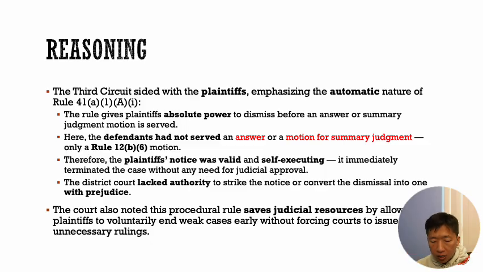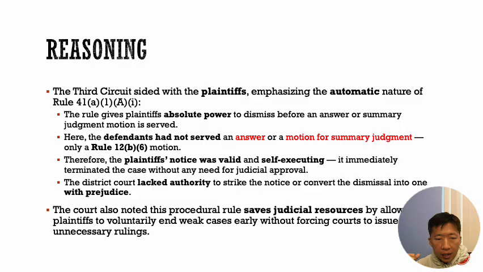The reasoning of the court is based specifically on the rules. The Third Circuit sided with the plaintiffs, emphasizing the automatic nature of Rule 41(a)(1)(A)(i). First of all, the rule gives the plaintiff absolute power to withdraw the case before the defendant has served any answer or summary judgment.